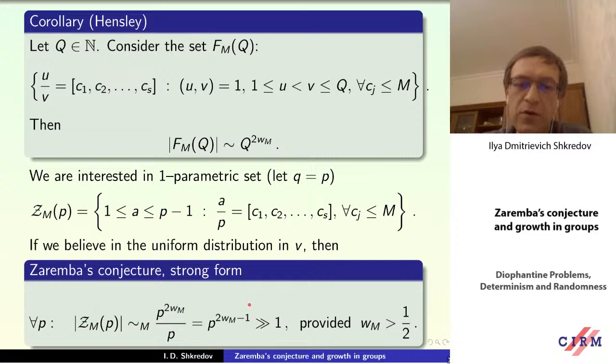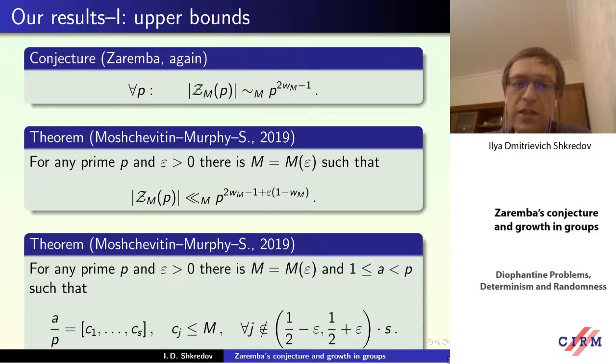And we obtain the following quantity. And you see that if the Hausdorff dimension is greater than 1/2, then this quantity tends to infinity. And in particular, the size of my Zaremba set tends to infinity. So that was the motivation of Hensley. And you see, it doesn't depend on any alphabet here. We just need that the Hausdorff dimension is greater than 1/2.